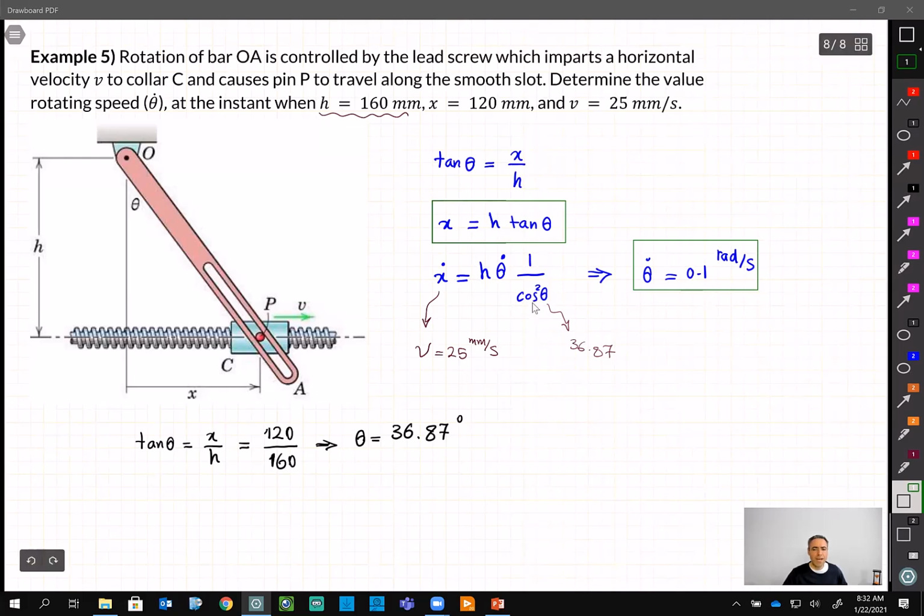It doesn't matter when you calculate cosine theta, whether you use radians or degrees, cosine gives you the same value. But on your calculator, you have to be careful whether you set it on degrees or on radians. All right?